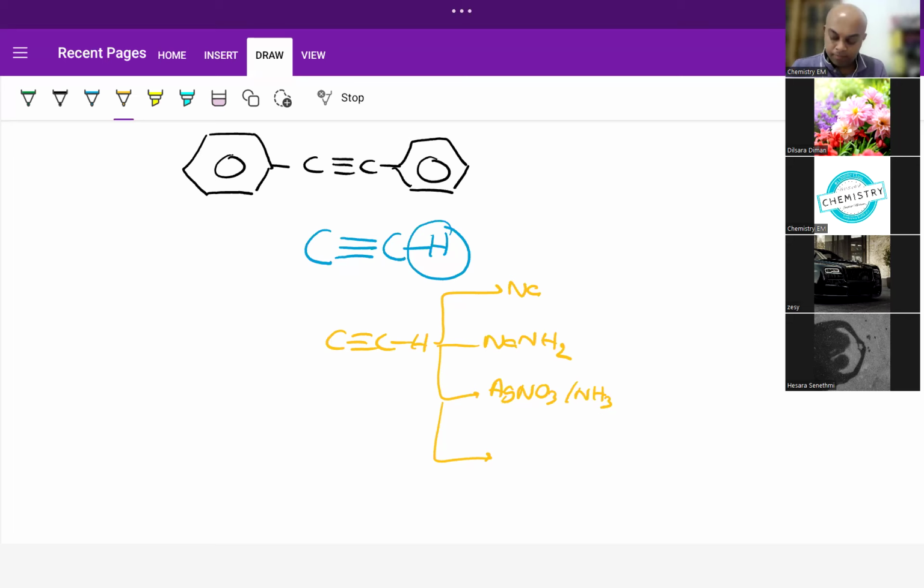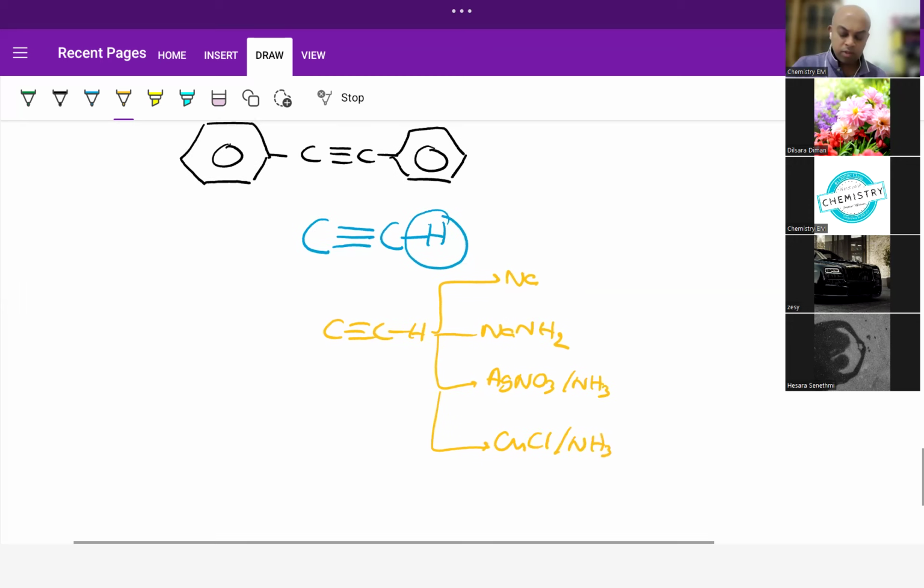Correct. You can take CuCl, ammonia. Yes, correct. Not only cuprous chloride, it has to be with ammonia. Just like CuBr, CuCl is a solid, so it has to be converted into a liquid form. That's why we add it with NH3.